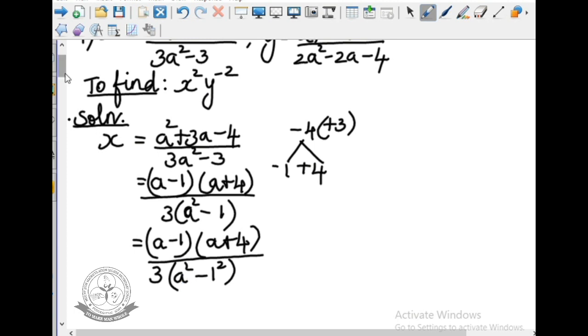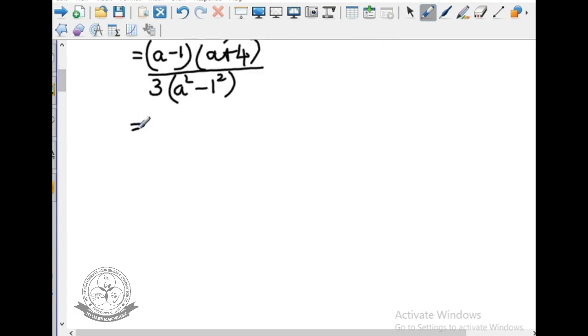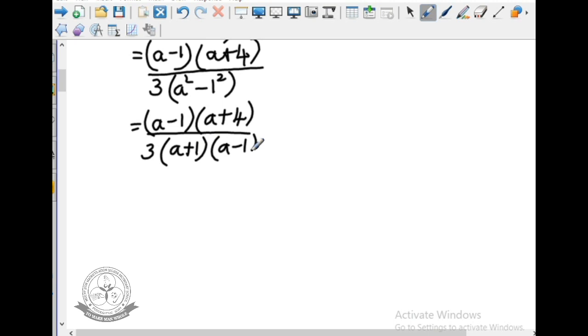That is equal to a minus 1 into a plus 4, whole divided by 3 into a plus 1 into a minus 1. Cancel a minus 1, the remaining answer will be a plus 4 whole divided by 3 into a plus 1. This is the value for x.